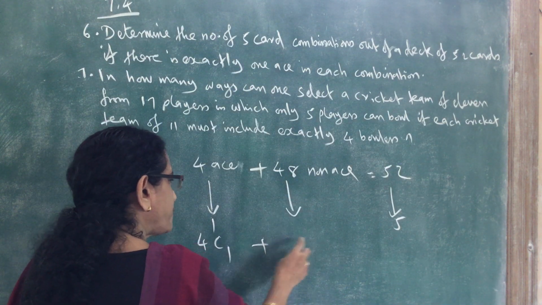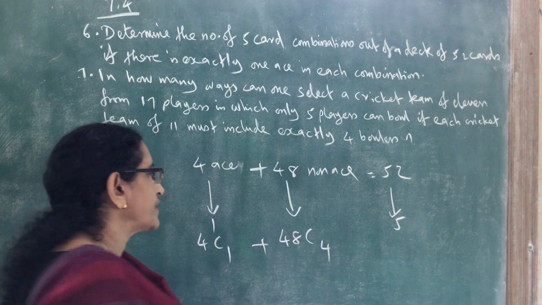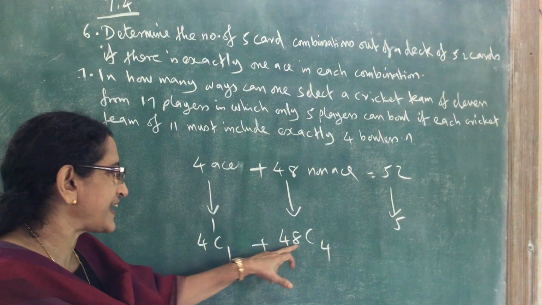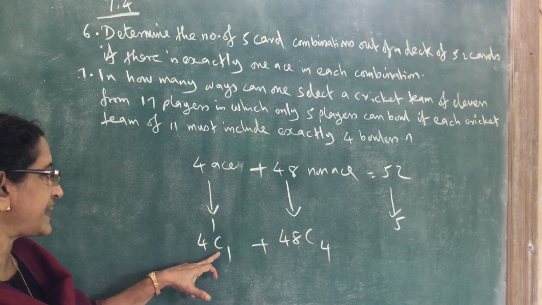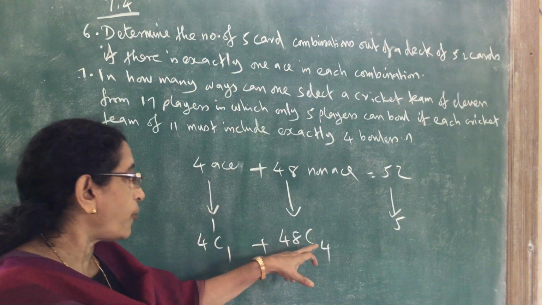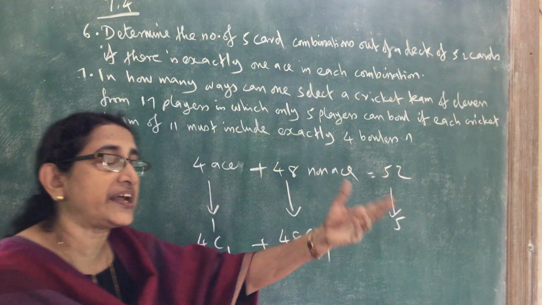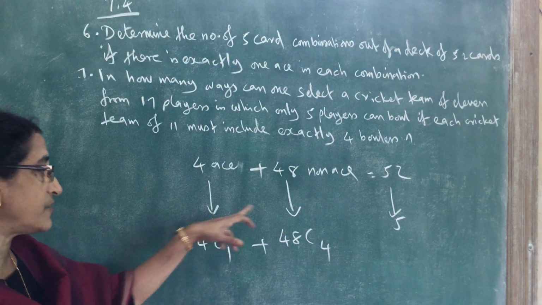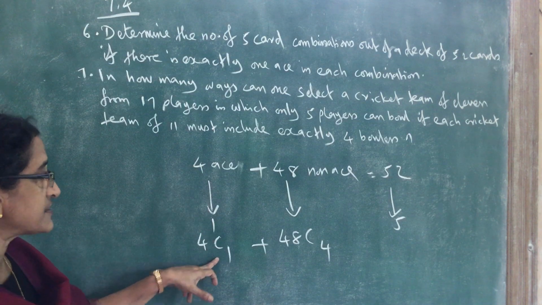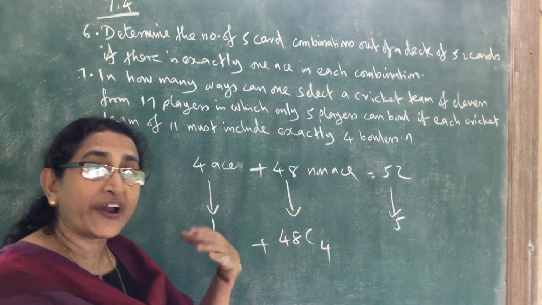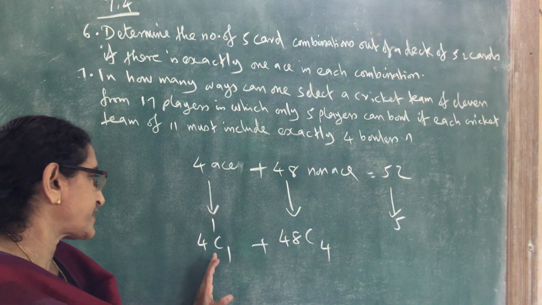So from 48, 4 cards can be selected in 48C4 ways. One ace can be selected in 4C1 ways, and the 4 non-ace cards in 48C4 ways.